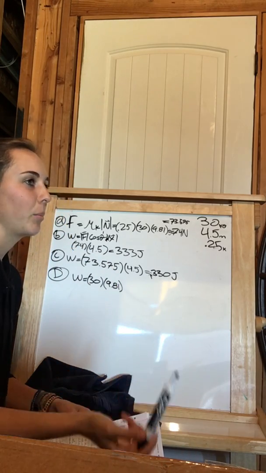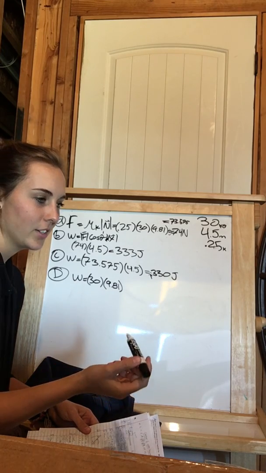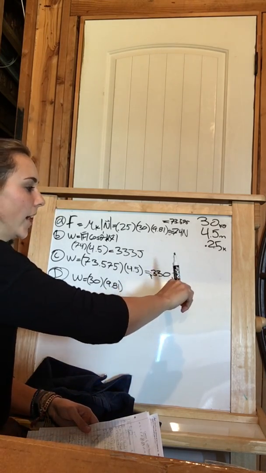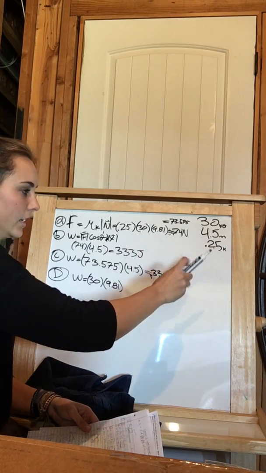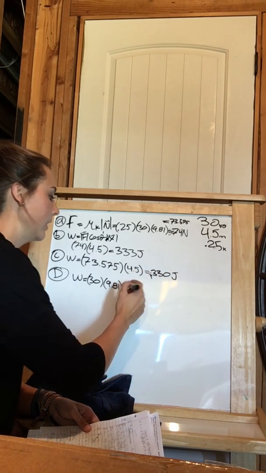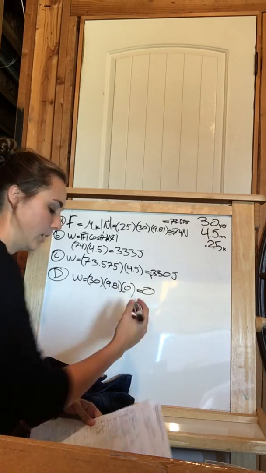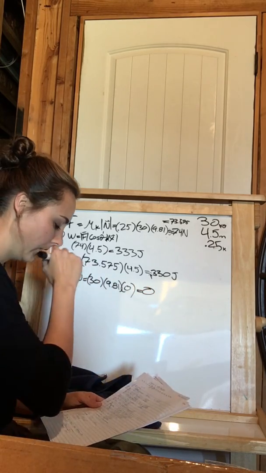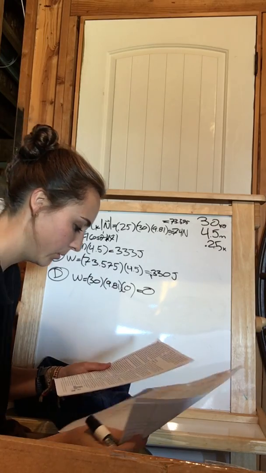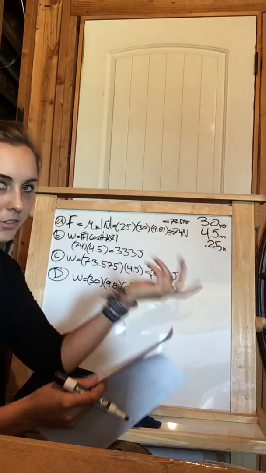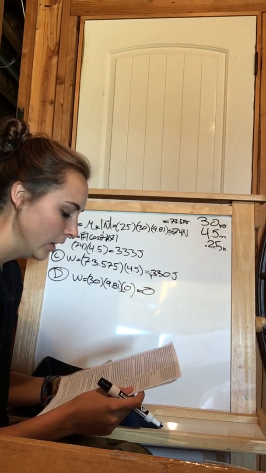And then it's going perpendicular to it. So cosine of 90 degrees, because either way, cosine of 90 degrees or 180 degrees is going to be 0. So anything times 0 equals 0. Both of those will be 0. The normal force and gravity will both equal 0 because it's perpendicular. So that's the mathematical way, but you can just know that by knowing that they're perpendicular.